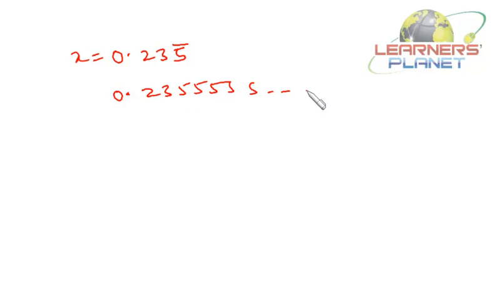Now suppose I have a number x is equal to 0.235, but this time the bar is only on 5. So this number will be 0.235555. Okay, let it be x.